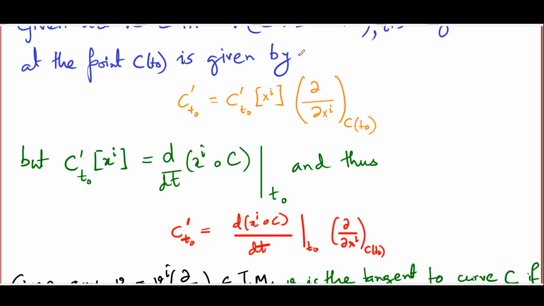Hence, if you replace C'(t0) acting on x^i by this, it becomes d/dt of (x^i composite C) at t0 times ∂/∂x^i at C(t0). Note that this d/dt of x^i composite C at t0 is nothing but the rate at which the ith coordinate function changes as you move along the curve, x^i composite C simply being the ith coordinate of a point on the curve.